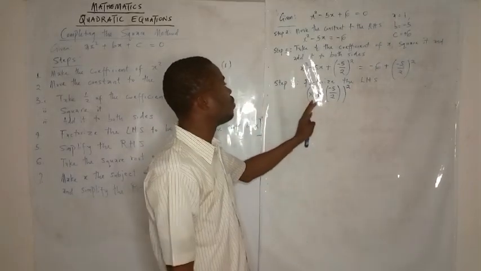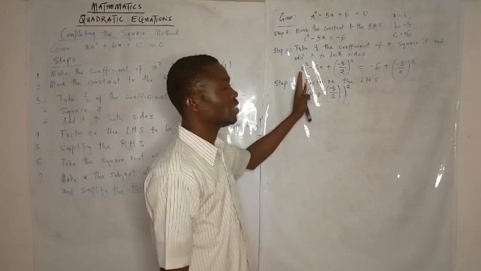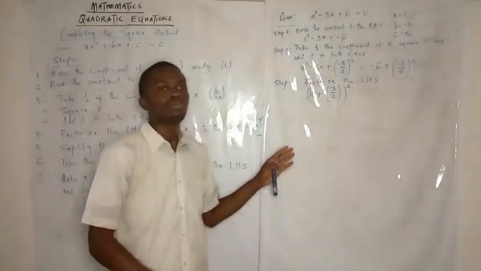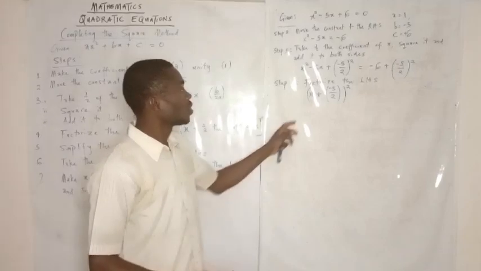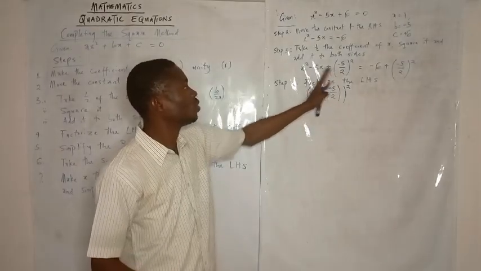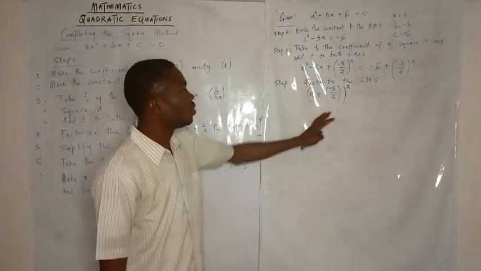By this, we have completed the squares on the left hand side, and it is from this part of the question that the name was derived. So we have completed the squares on the left hand side.